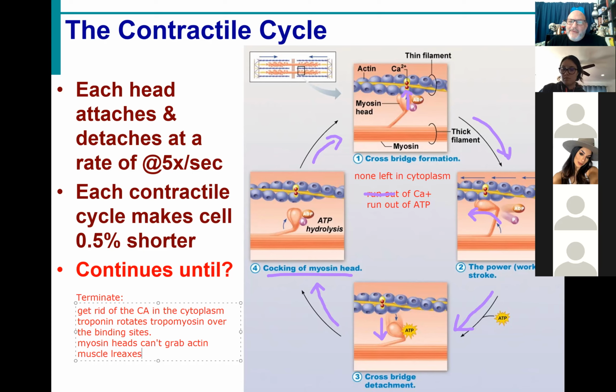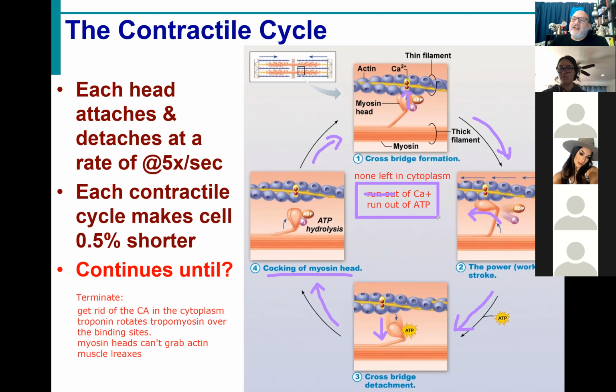Now, this may not be a process you have been familiar with before, but I'm fairly certain it's something that you guys are aware of. Because as we just finished talking about, this process is going to continue until either all the calcium is put away in the cytoplasm, or the cell runs out of ATP.